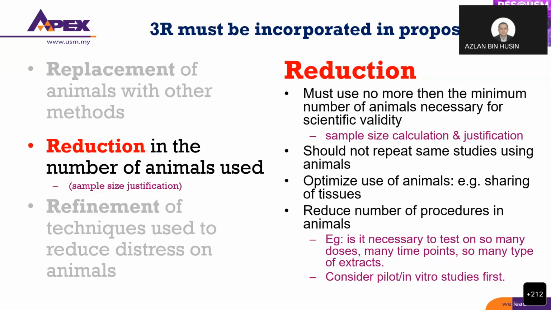Maybe there is conflicting evidence in published data, then you really have to justify. Perhaps you can also share animals among a few studies, if it's feasible, in order to minimize the number of animals used.